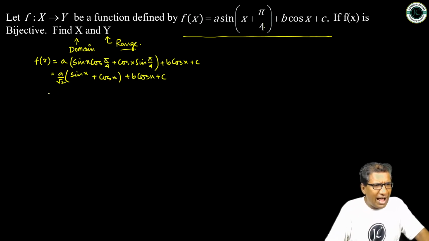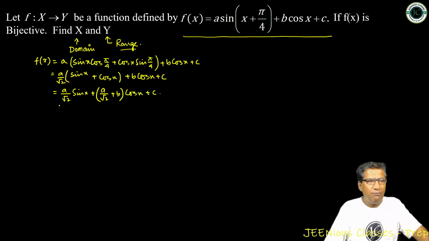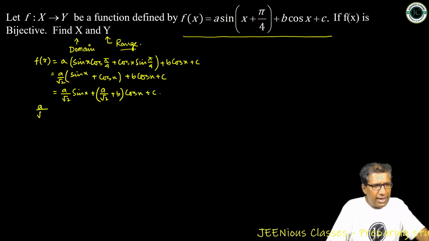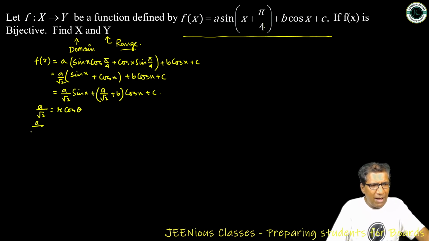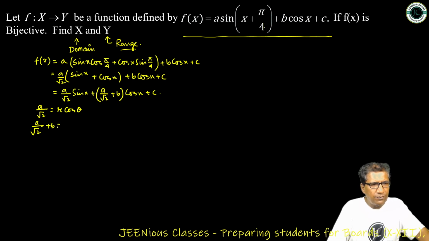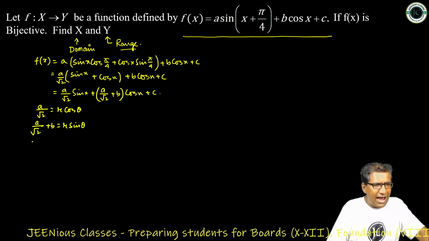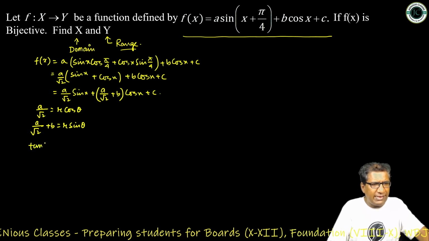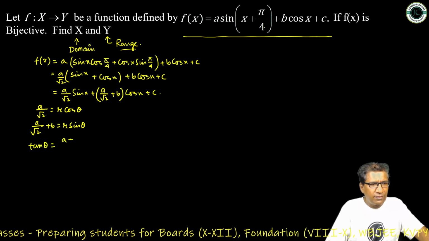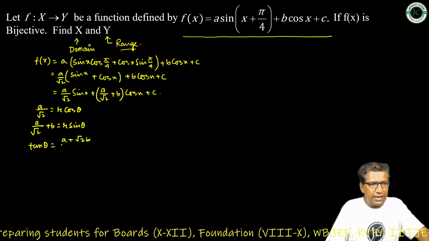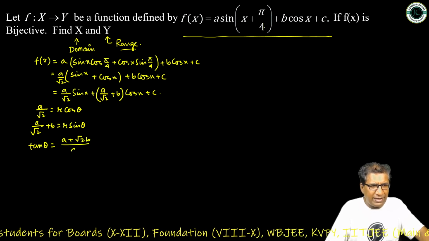So if I open the bracket, we are getting a by root 2 sin x plus (a by root 2 plus b) cos x plus c. Okay. Now let us assume a by root 2 is r cos theta and a by root 2 plus b is r sin theta. Therefore, if we divide both sides, we are going to have tan theta as (a plus root 2b) divided by a.